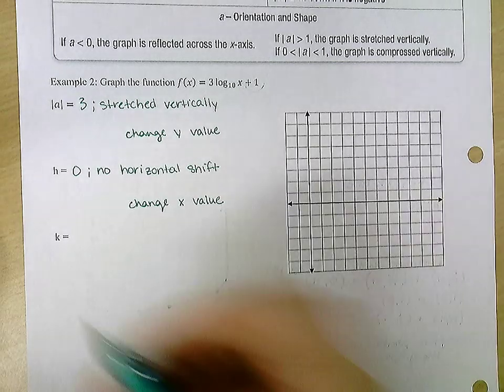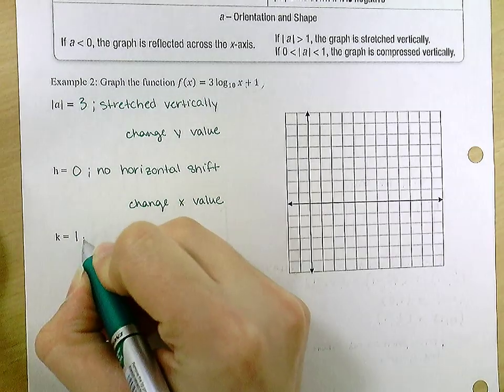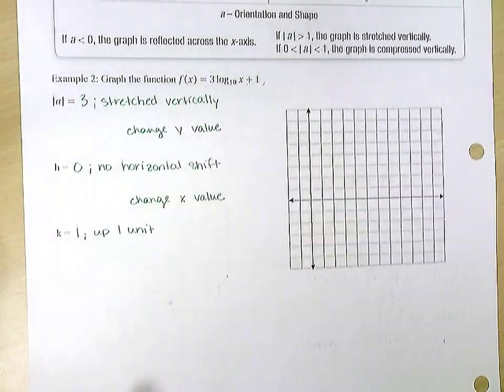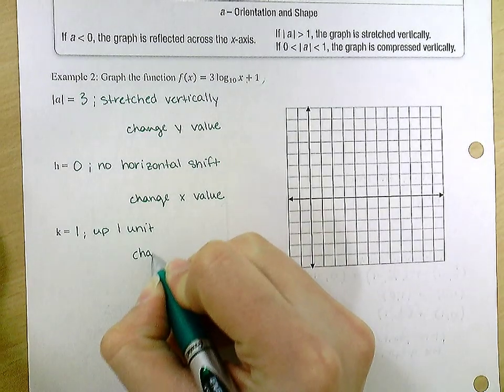That one's 1, so that means we're going to go up 1 unit. Since I'm moving up, is that going to change y or x? Y. So we're going to change our y value.